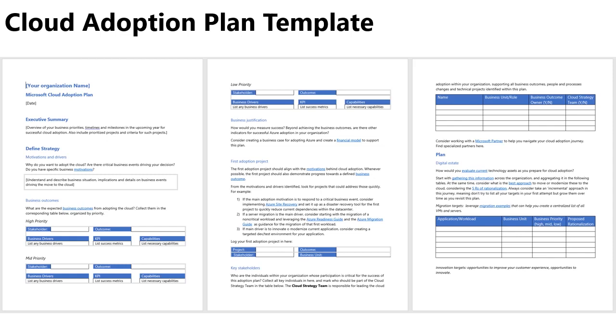It will end up in this document. Business justification, describe your first adoption project, and an inventory of what you have currently in your digital estates, which includes your network, your application, your infrastructure, and everything that needs to be moved to the cloud eventually. So use this as a template for your cloud adoption plan.